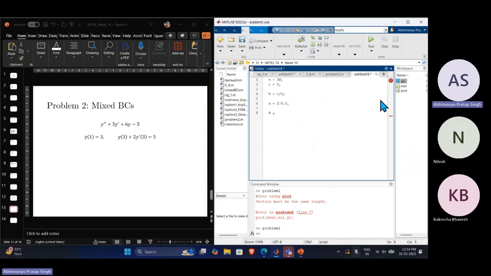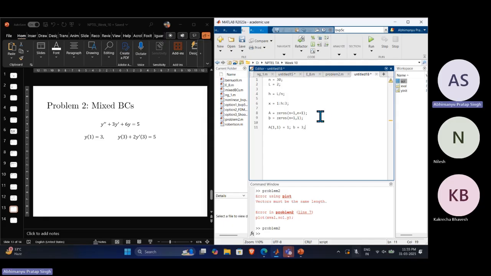So let us create the A matrix first. Like always, it will be n plus 1, and the B matrix as well. First, let us fill in the first one. So we know that this is given to us, so I will just fill this up.